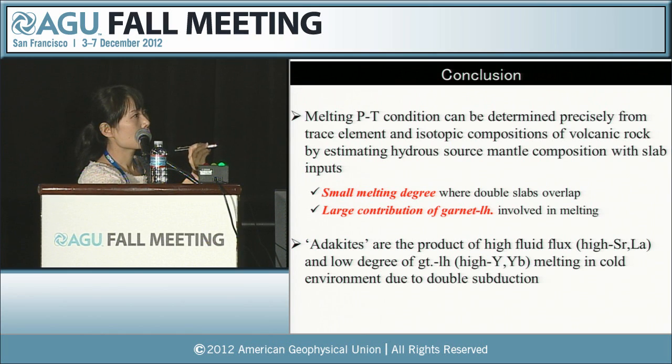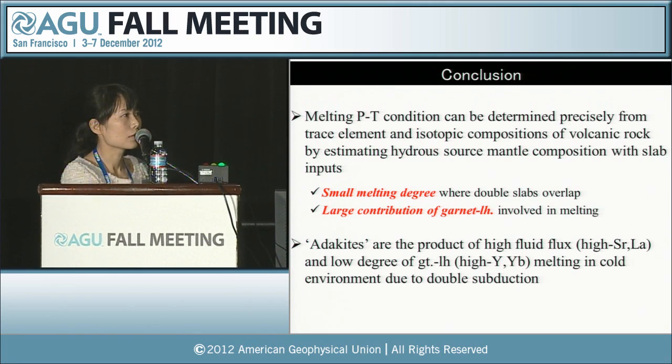As a result, we obtain a small melting degree where double slabs overlap and large contribution of garnet lherzolite involved in melting. And also we have found adakites in central Japan as a product of high fluid flux and low degree of garnet lherzolite melting in cold environment due to double subduction. Thank you for your attention.